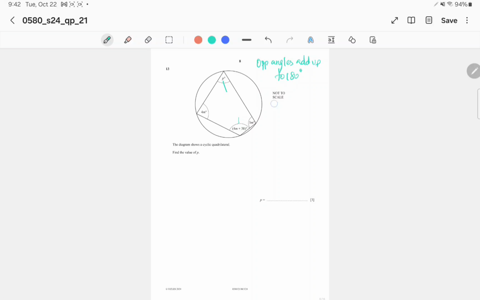So for the first thing, P degree plus 4m plus 38 degrees equal to 180. I'll write it clearly. Okay, P degree plus 4m plus 38 degrees equal to 180.